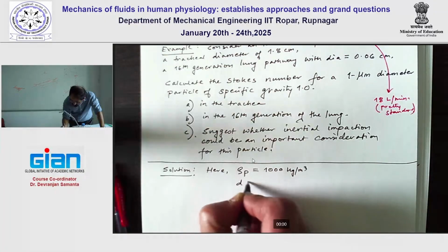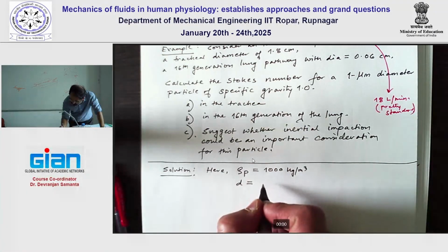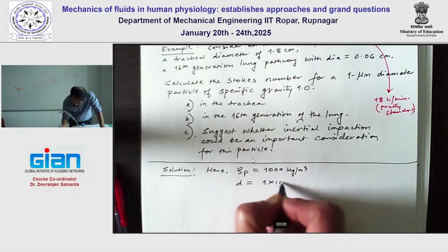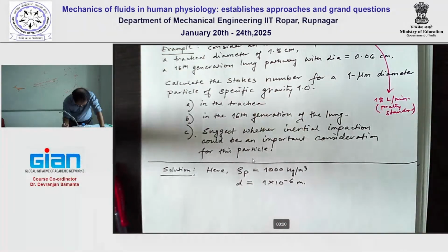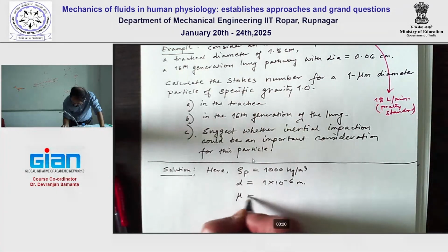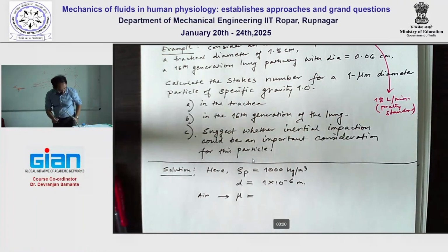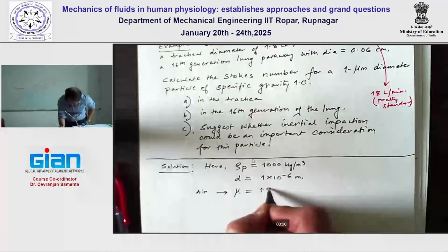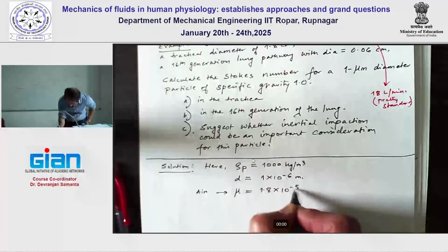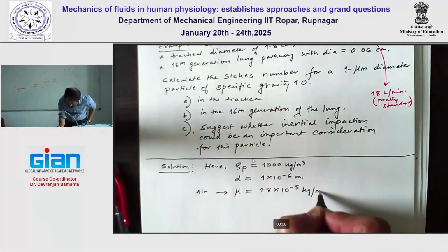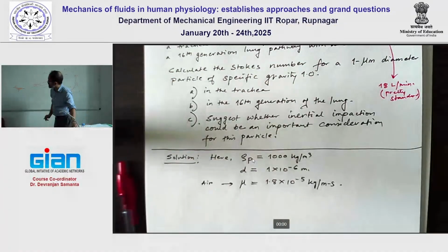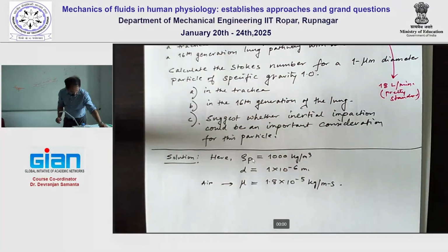The diameter is given as 1 micron, so 10 to the power of minus 6 meter. The mu would be the mu for air, and that is 1.8 times 10 to the power of minus 5 kg per meter second. That is not given in the problem statement, but let's assume that we know it.